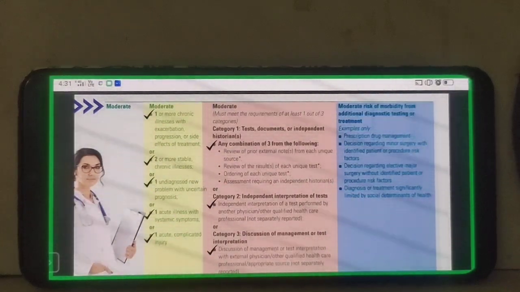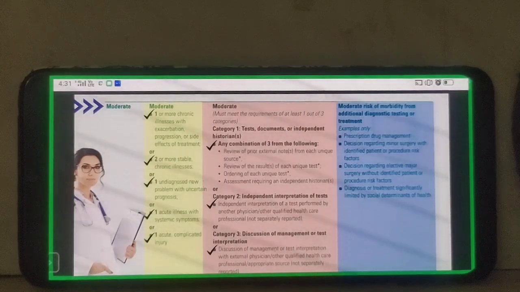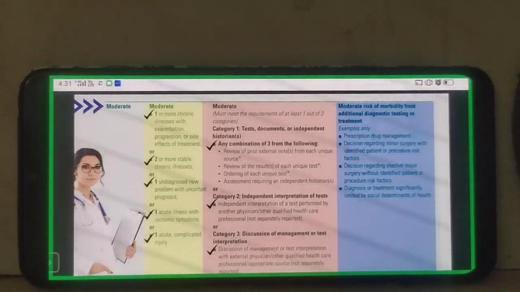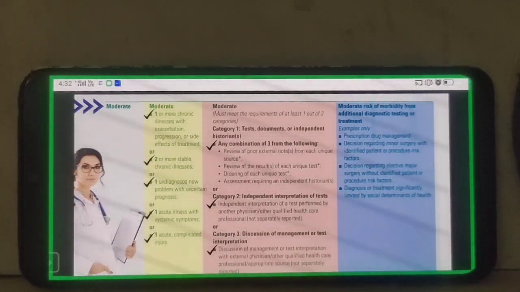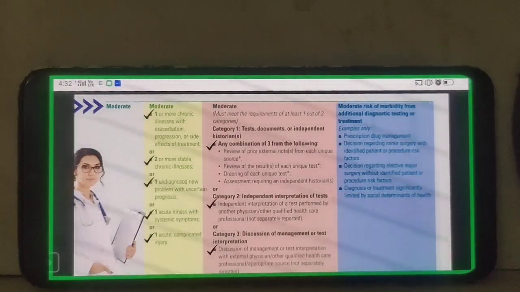That means the patient has controlled diabetes mellitus and controlled hypertension. The doctor also reviews the previous test report for a blood test and urine test. 2 tests, blood test and urine test.